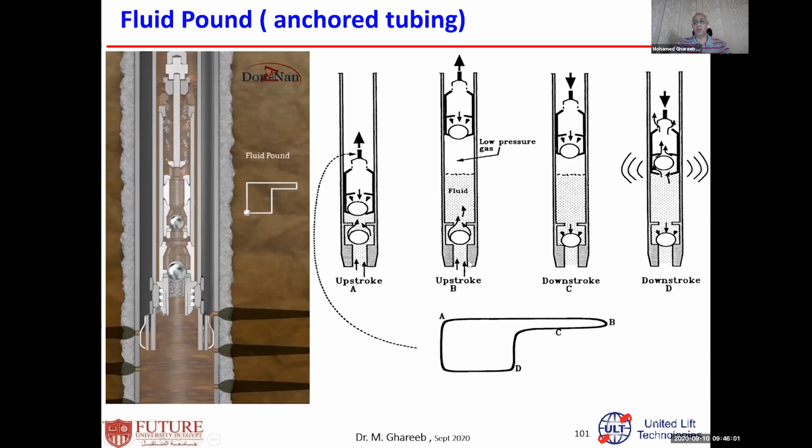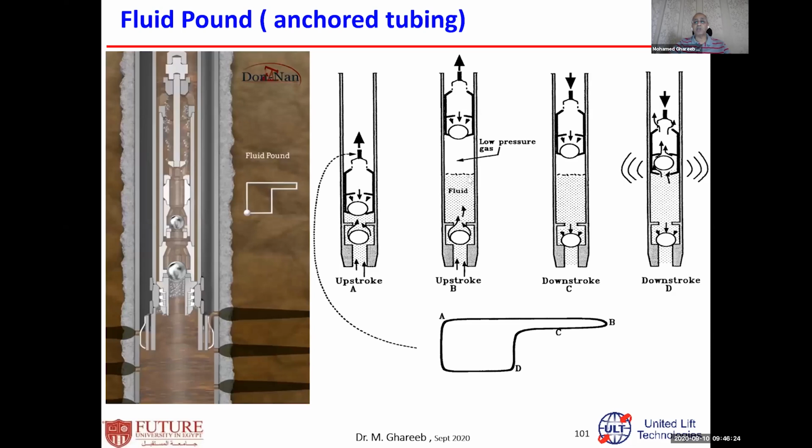No more pressure below the pump can push more fluid inside. This is the maximum head I can have. If you measure pump intake pressure, you will find from this point to this point only a few psi. This is what we call pump fluid pounding.